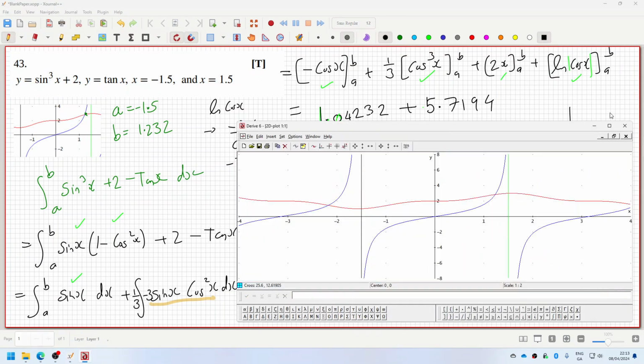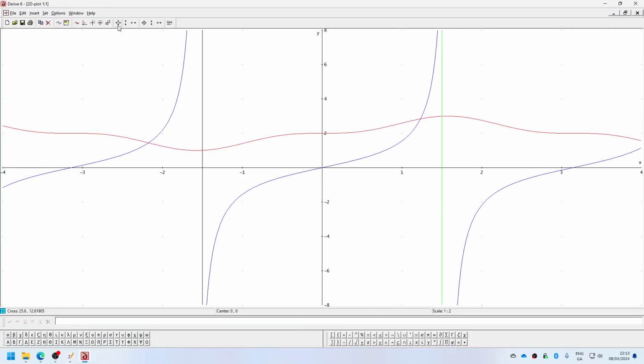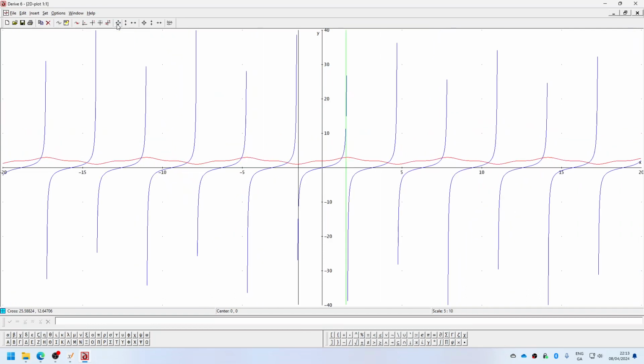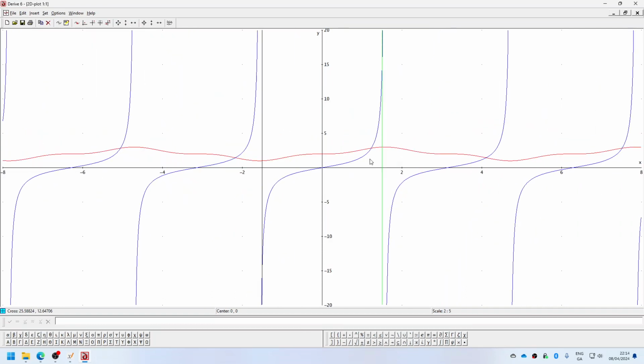So it's a bit weird, this graph. Let's see if I zoom out, if that helps. Yeah. Unless we're supposed to include this piece too. I guess so, actually.